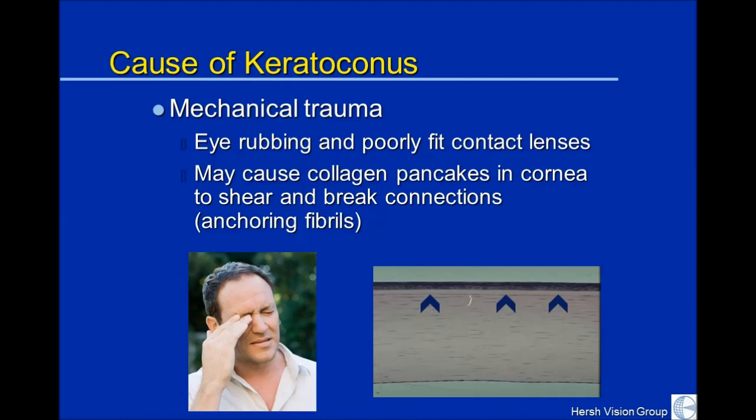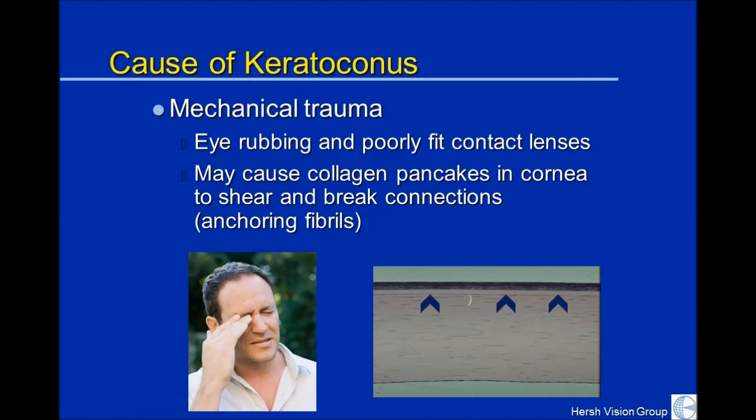So picture a bunch of pancakes that are stuck together by syrup, and you start rubbing them, they can start sliding on one another. This shearing can also cause breaks in the connections of the collagen to one another and into the front of the eye.